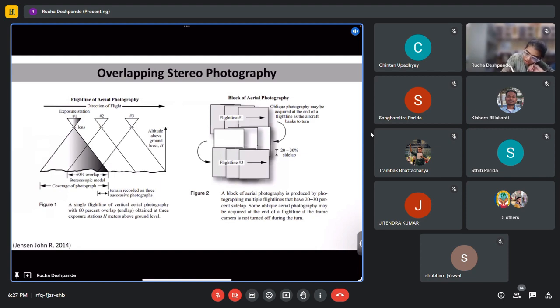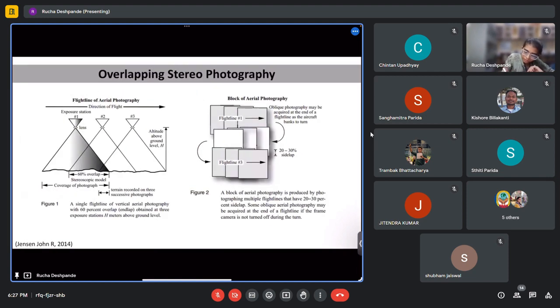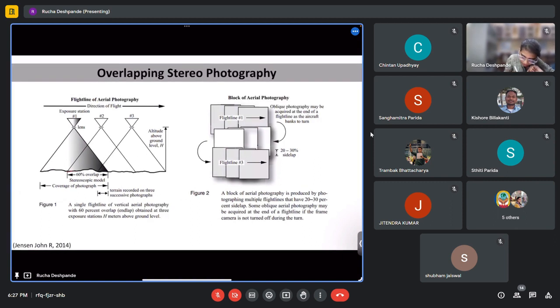This is the direction of flight, and here we see that each two adjacent images show 60% overlap. This is the total coverage of the photograph. Every two images will have 60% of the portion which is similar. After covering the first line, the aircraft takes a turn and goes back again.